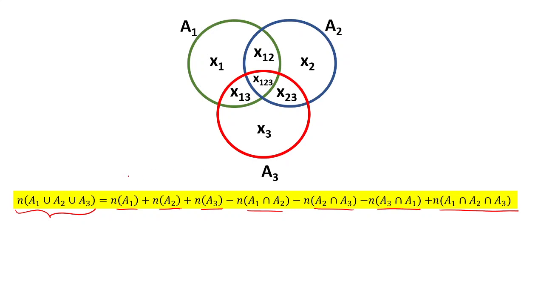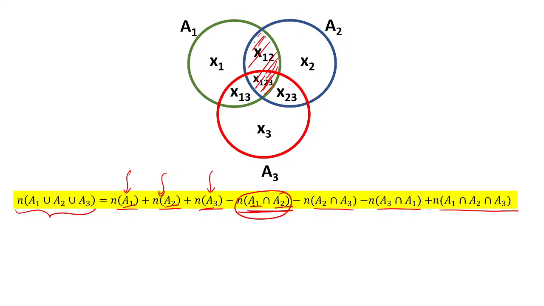The pattern is that you're summing the individual areas in the individual sets A1, A2 and A3, and then you are subtracting the intersection areas. And when I take this intersection, like A1 and A2, I mean this whole area.